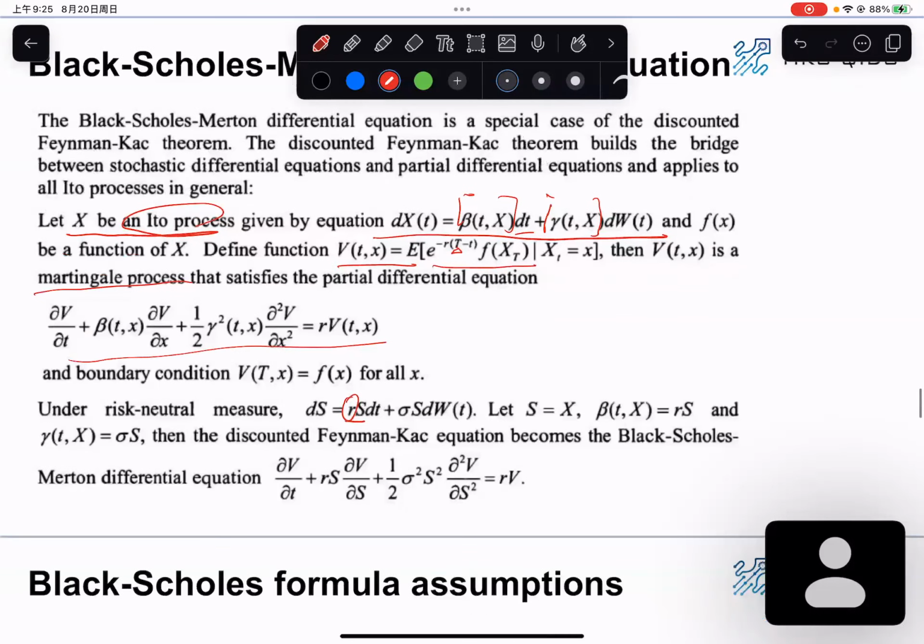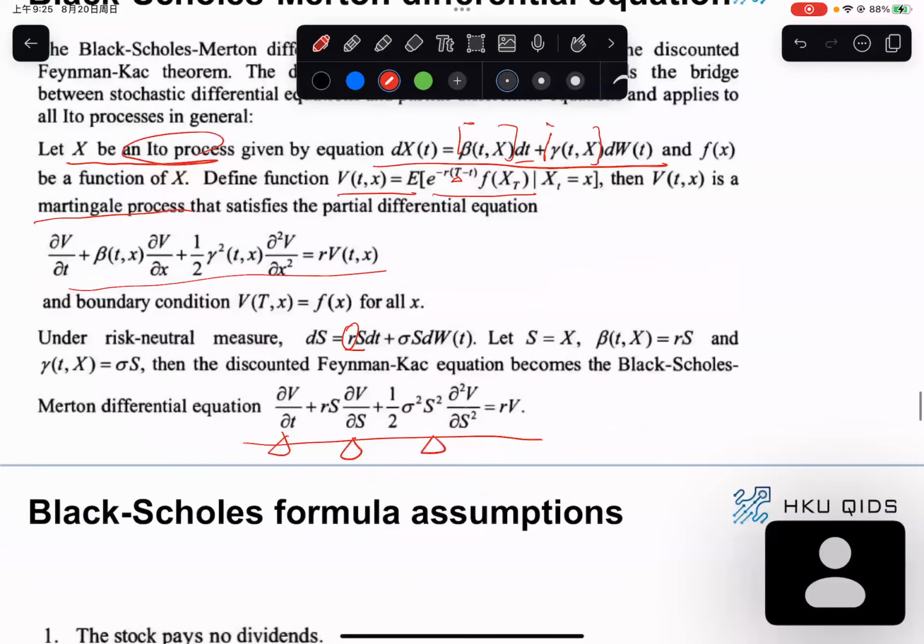And then we are going to have the classic Black-Scholes-Merton equation, okay? Which is just the first derivative according to t, and the first derivative according to s multiplied by r, plus this 1 over 2 sigma square item, and it is going to be equal to r multiplied by v.